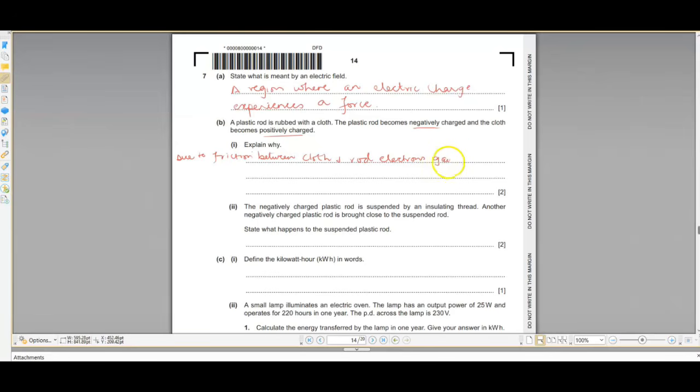Basically, electrons gain energy and are transferred from the cloth to the rod.